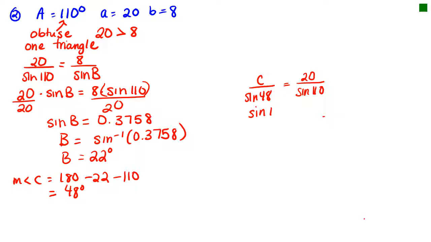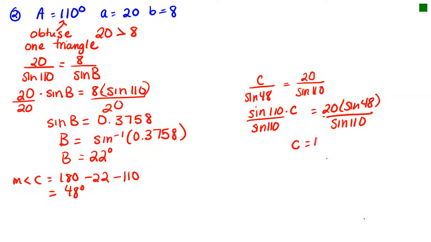Sine of 110 times c equals 20 times sine of 48, divided by sine of 110. And I get c is 15.8.